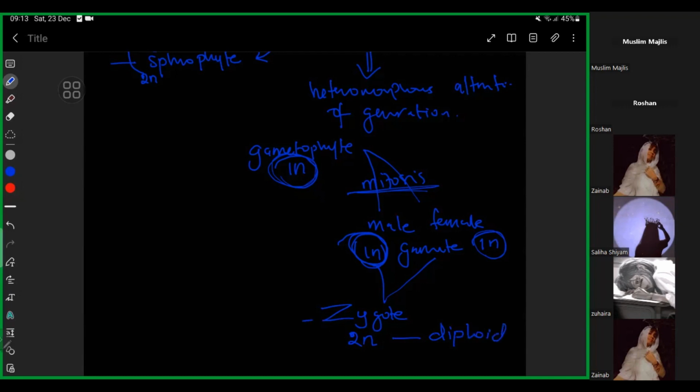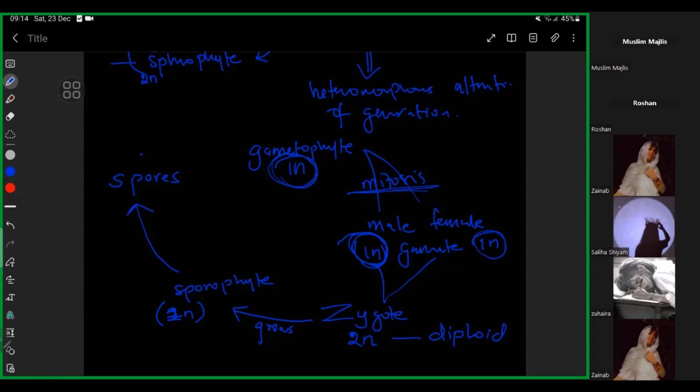And the zygote then grows and forms the sporophyte, with the same DNA sets. Sorry, it's a bit laggy. The sporophyte then produces spores. What do you mean by spores? They are small reproductive units, like a dust-like thing.